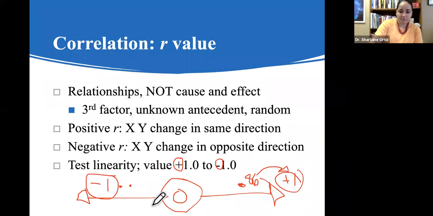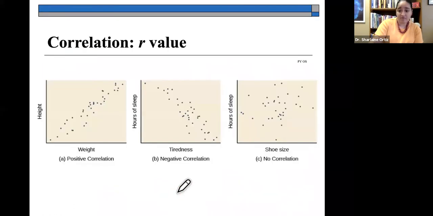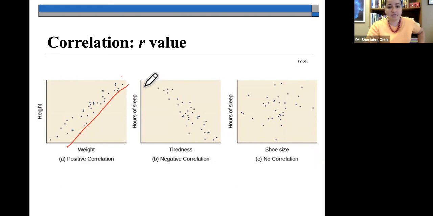You remember from here, the closer we are to a 0, the less relationship we have. So here, notice how we have a little pattern, right? All these dots fall in a nice little line, and that implies a relationship. But when we're looking at no correlation, that's 0, right?